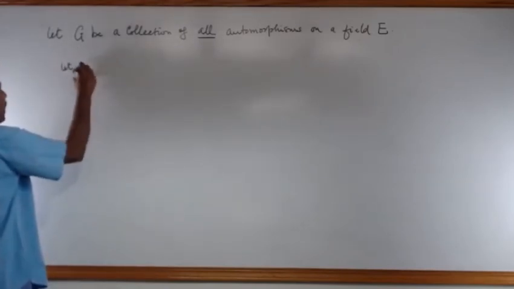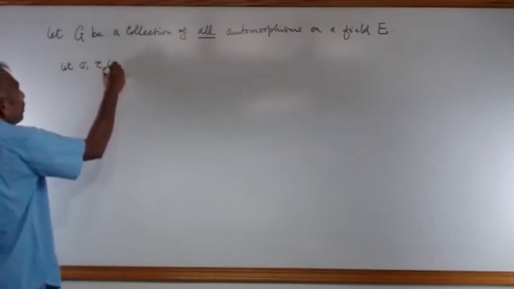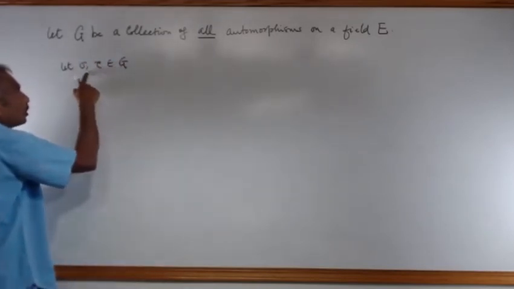Let sigma, tau belong to G. These are automorphisms.